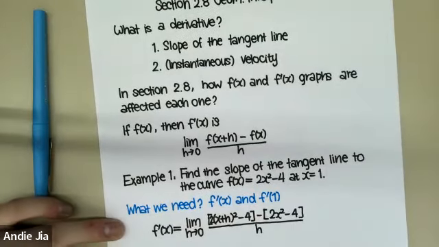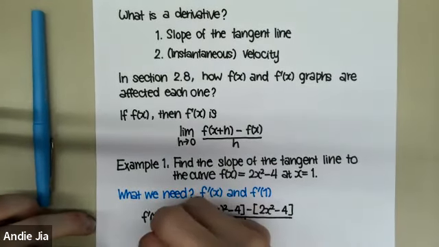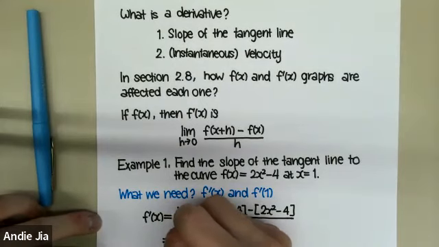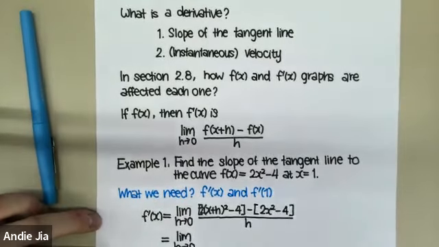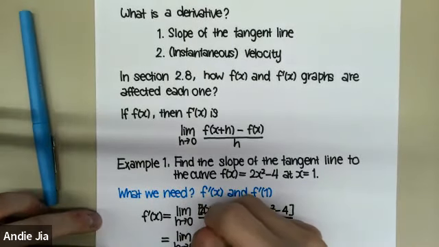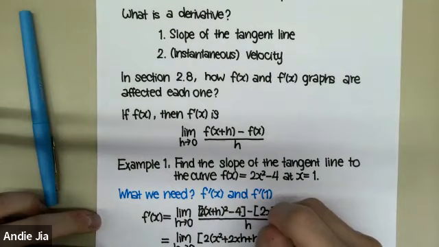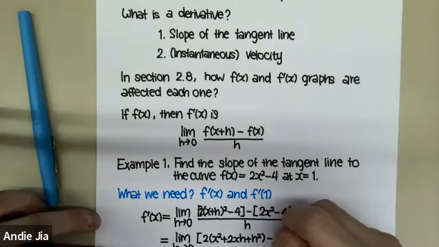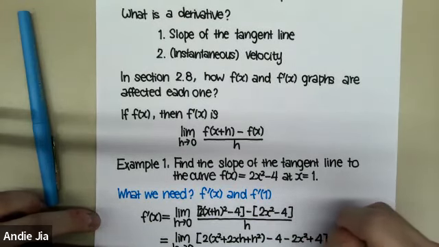You don't need to conjugate, just do some algebra to get this expression in an easier form. Limit as h approaches 0, make sure to expand the polynomials. It's 2 times (x squared plus 2xh plus h squared) minus 4, minus 2x squared plus 4.